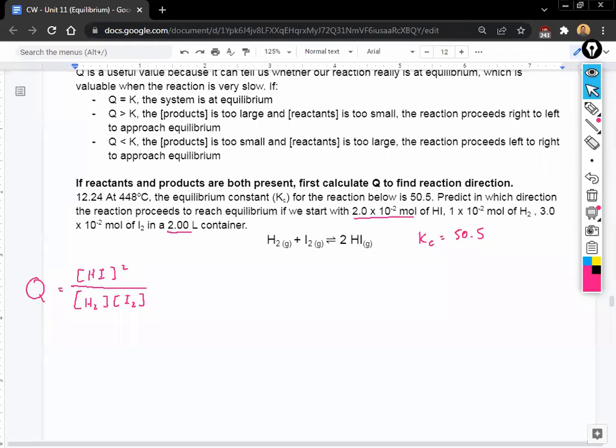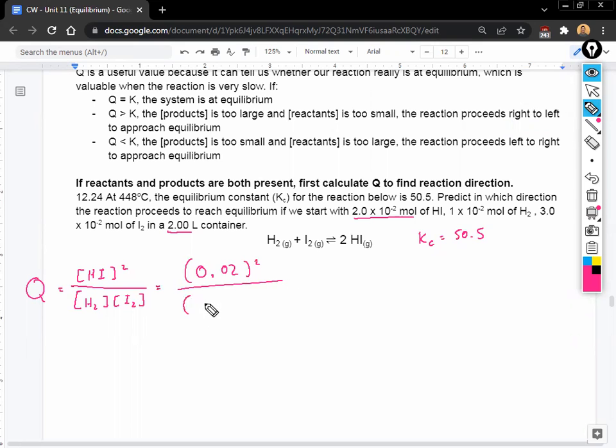Alrighty, guys. If you're finishing up, please feel free to finish up, but I'm going to start plugging in the numbers. I misspoke earlier. You didn't need to put in the 2 liters to find the molarity since they'll cancel out. If everything's divided by 2 liters, they'll cancel each other out. Okay, so on the top, you're going to plug in 0.02, and then you're going to square that.